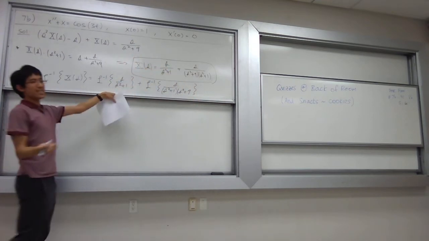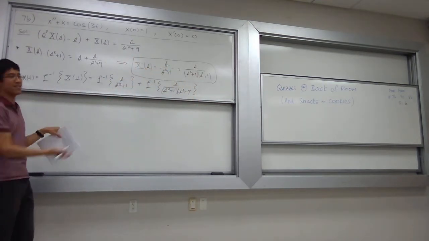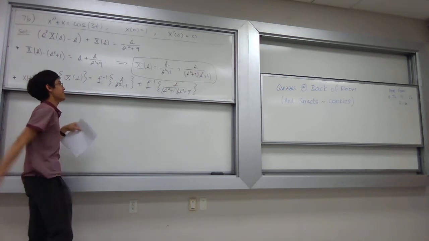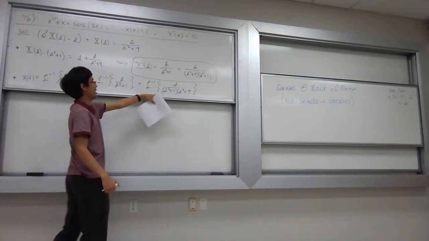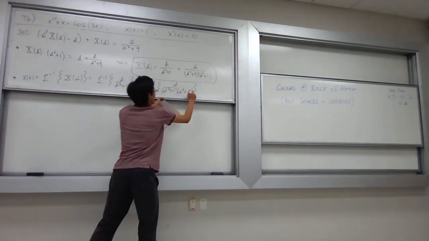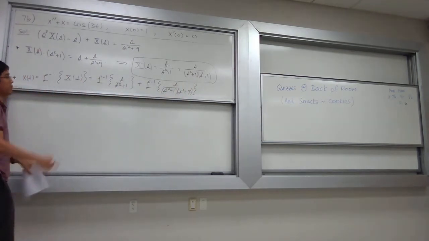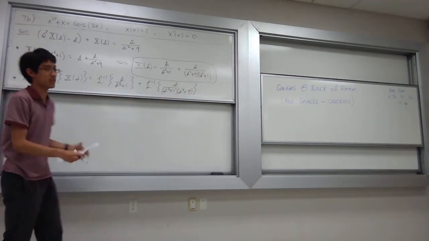First one is easy. Well, I mean, it's tables, right? I shouldn't say easy, but you can look this one up. That's the, oh, oops. This was the troublemaker, right? The one with the s squared plus 1 and s squared plus 9.